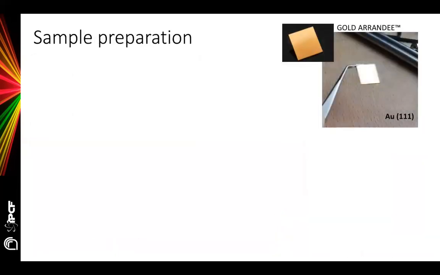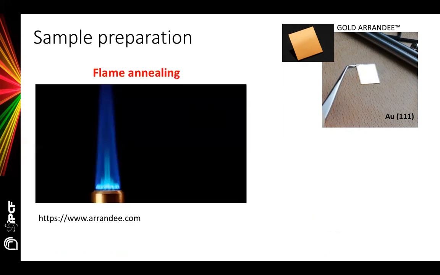So let's now think about the sample. We have seen that the best results are obtained in a gap mode configuration. Usually, the metals used as a substrate are these kinds of commercial crystalline films of gold or silver. In this case, we have gold. A common procedure to optimize the quality of the crystalline film is the flame annealing process.